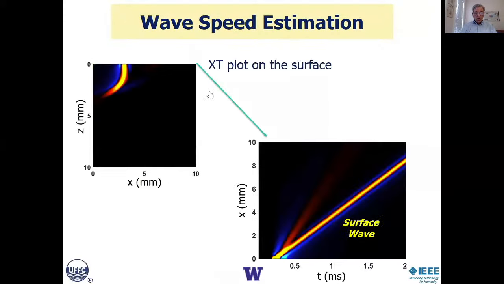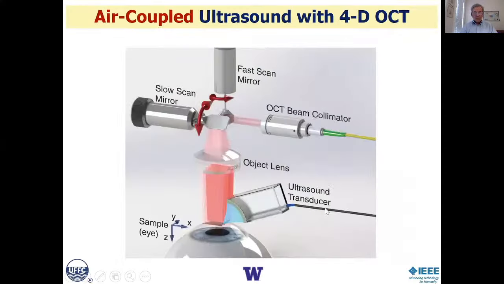Okay, so wave speed estimates. The way you do it is you just track this wave. I can do this in the whole volume, but if I just look at the surface as a function of time, I'll see this simple linear relation here. And by locally estimating the slope, I can get the speed, or by doing a fit over a large region, I can get a very accurate estimate of the wave speed in the medium. Okay, so we did that.